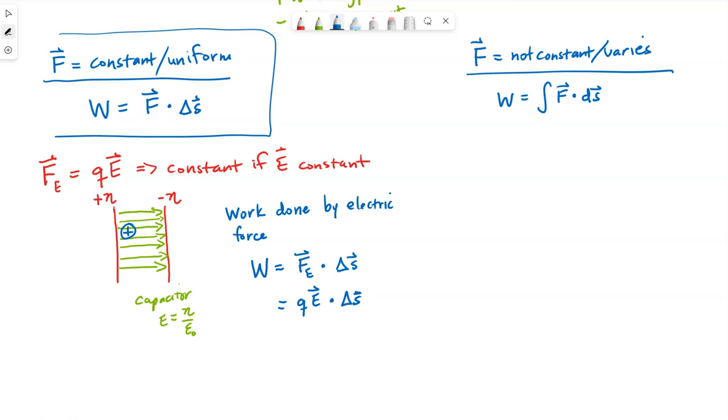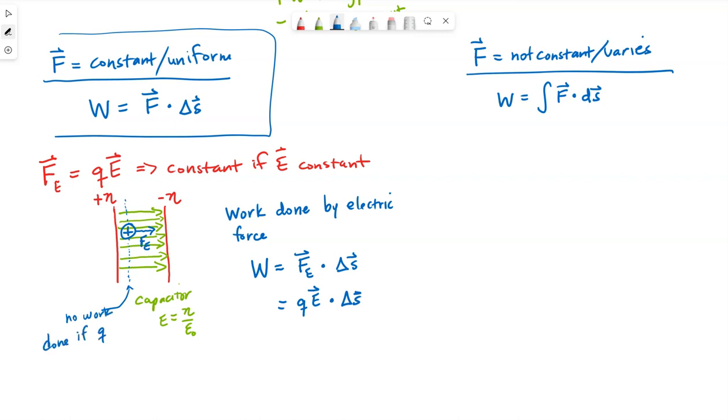The proton in this electric field is going to experience a force specifically that is in the same direction as the electric field. That means the electric force does no work if the charge moves, say, perpendicular to the electric field. No work done.